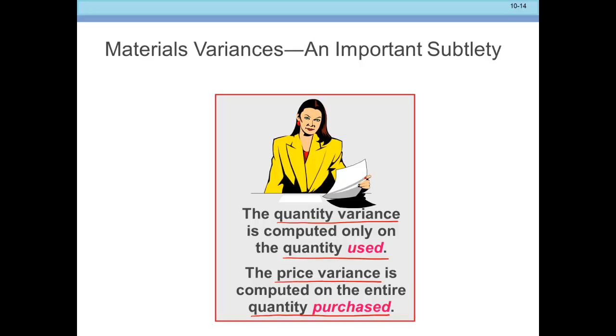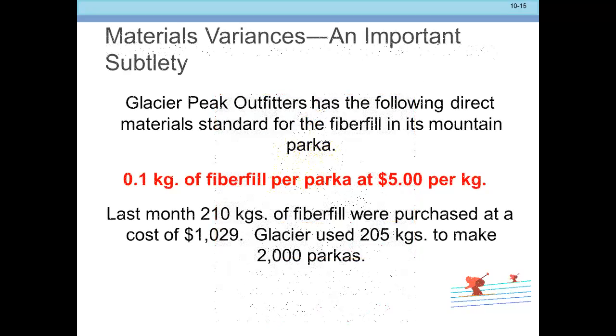I guess that means we can't use our 3-column table? Well, we can. We just have to add a 4th column. Let's take a look at how this works. With Glacier, we have our standards of 0.1 kilogram of fiberfill per parka at a cost of $5 per kilogram.